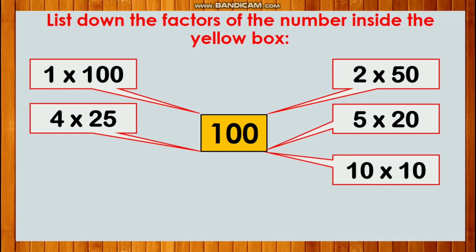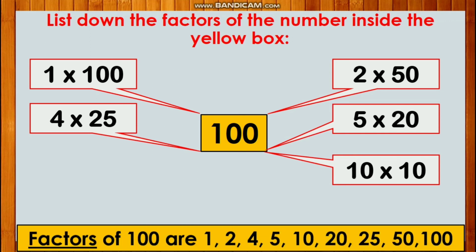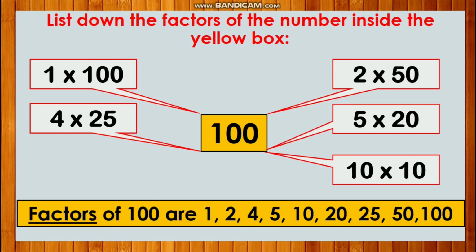And of course, we have 10 times 10. Those are all the possible pairs of numbers that when you multiply, the answer is 100. By the way, you can interchange each number in a pair, and they're still equal. So the list of factors of 100 are 1, 2, 4, 5, 10, 20, 25, 50, and 100.